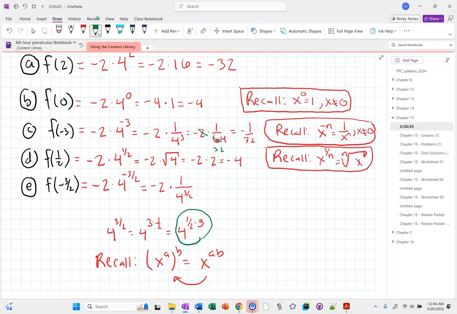Yeah, dead on. So let's do that one. So that's 4 to the 1/2 to the 3rd. And I like that because I know that 1/2 is the same thing as a square root. So it's just going to turn into like 2 to the 3rd.